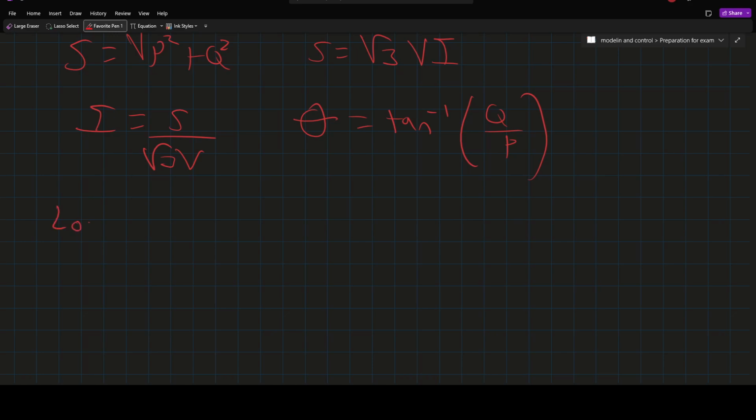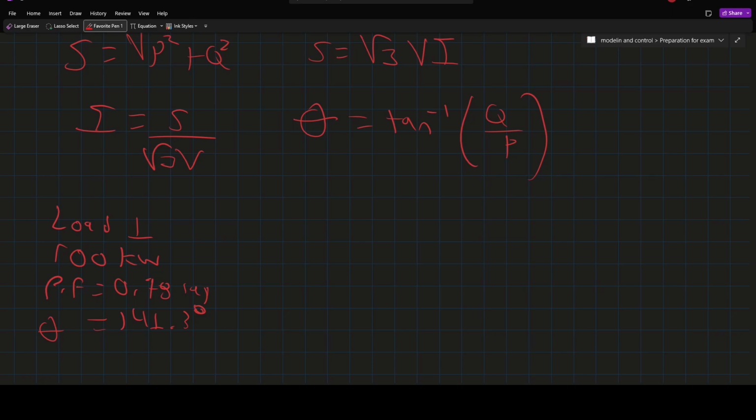We have our load 1 that has 100 kilowatts, a power factor of 0.78 lagging, and a theta of 141.3 degrees.